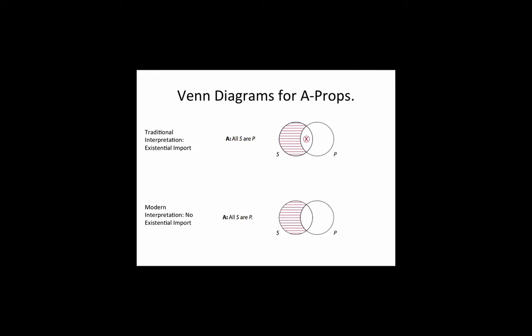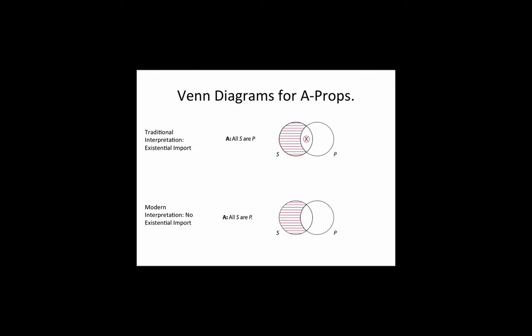Okay, so let me show you what you're looking at. If you take a look at the two circles, remember that we said when we're diagramming our propositions, rather than nesting circles or coming up with a different type of diagram for each proposition type, if we have two overlapping circles, or two circles with an area of overlap, then that becomes our template for any of the four proposition types. These are called Venn diagrams.